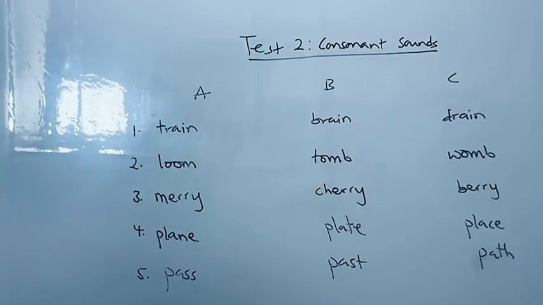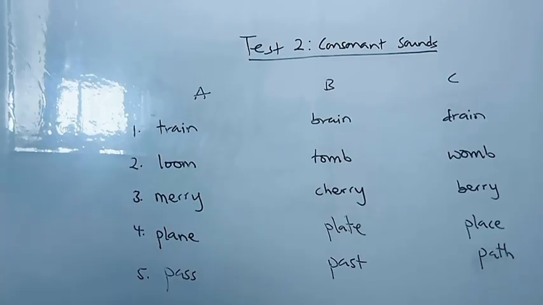Test 2. Listen carefully. In this test, there are 3 words to a line. I am going to read one word from each line. Beside the word I read, there is a letter. Shade this letter on your answer sheet. Here are 2 examples. Example 1. Seeds. The word I read was S-E-E-D-S, seeds.